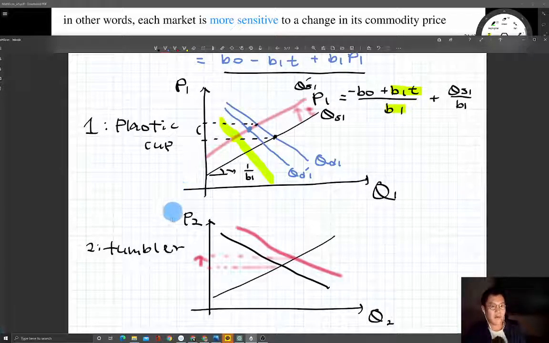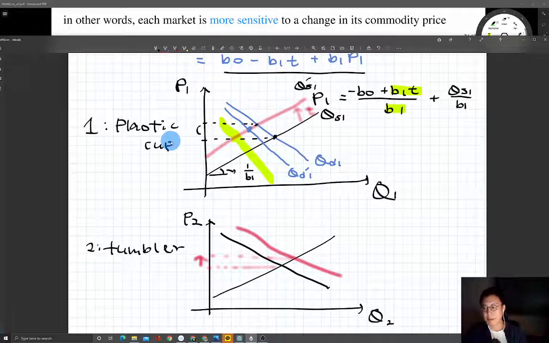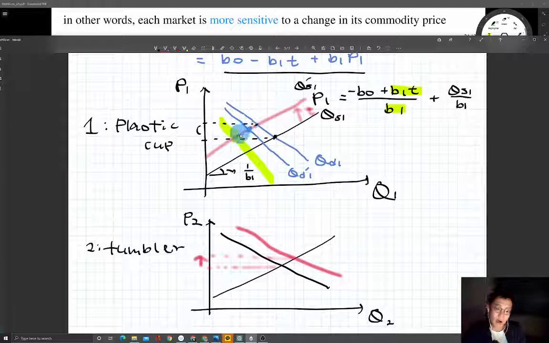But if you are not reluctant about the change in price of a tumbler, even if it increases by $10, you are still willing to purchase it, and you will switch from the use of a plastic cup to the use of a tumbler. So the reduction in demand will be large. The price of good 1 still increases, but the increment of price will be small.